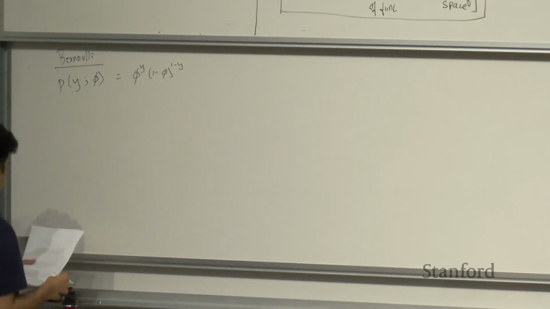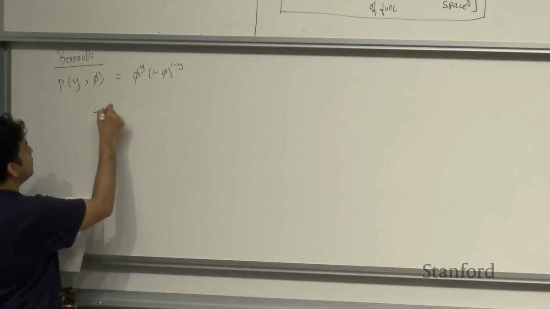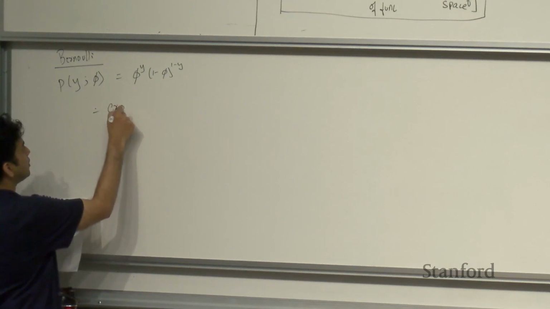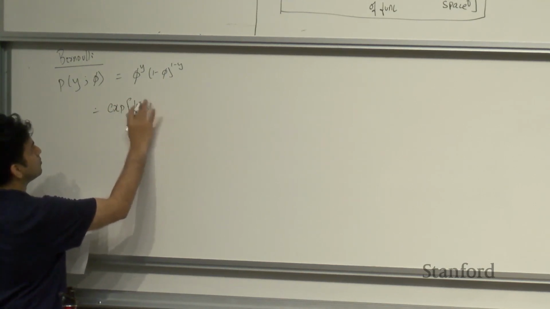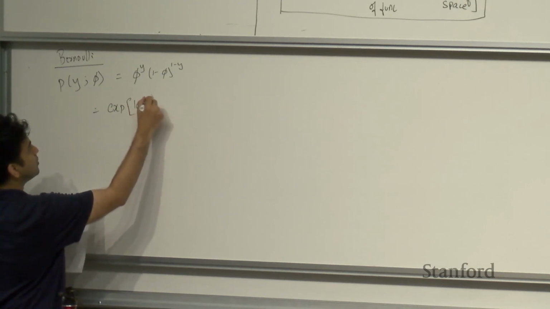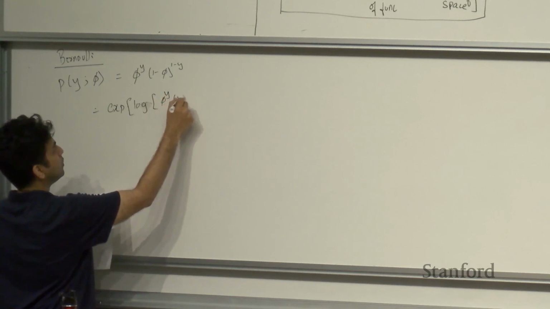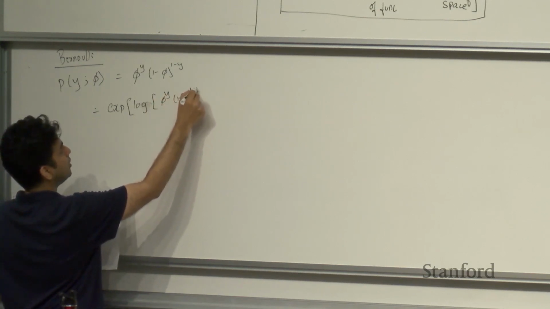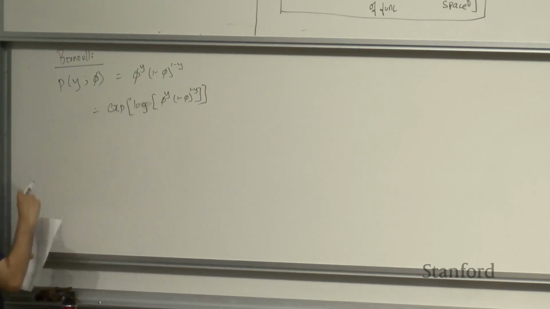So the first thing we can think of is we can take the exponent of the log of phi to the y times 1 minus phi to the 1 minus y. Right? Just took the exponent and the log.